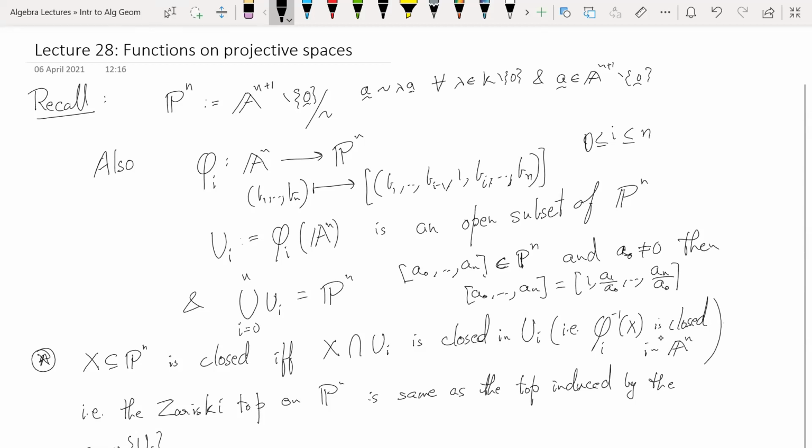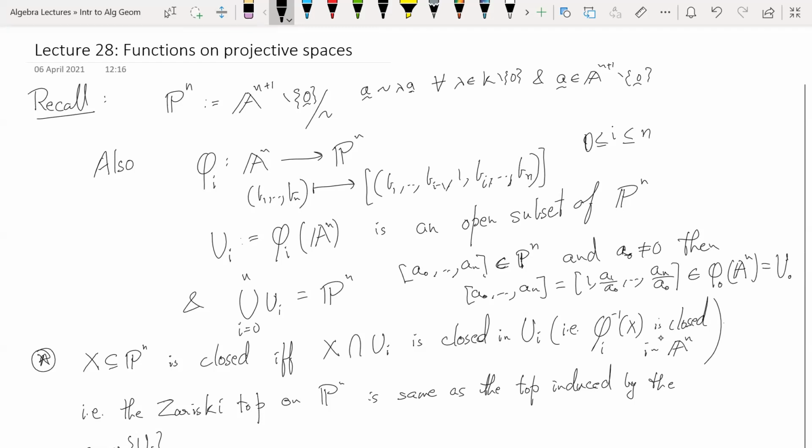This particular point belongs to phi_0 of A^n, which is U0. So every point in Pn is in some Ui.